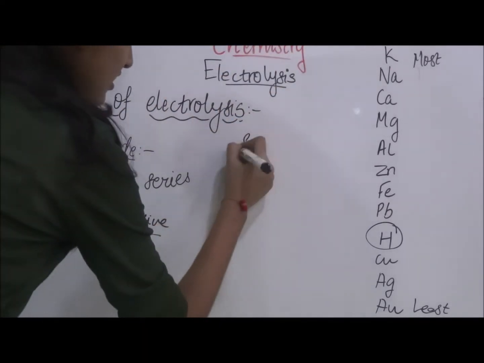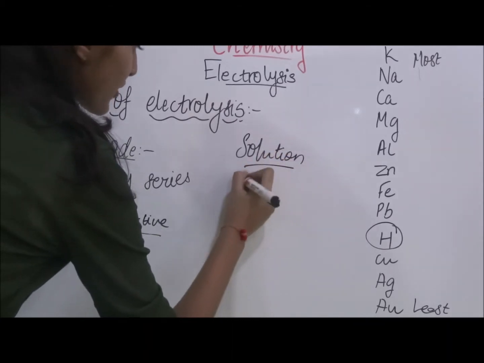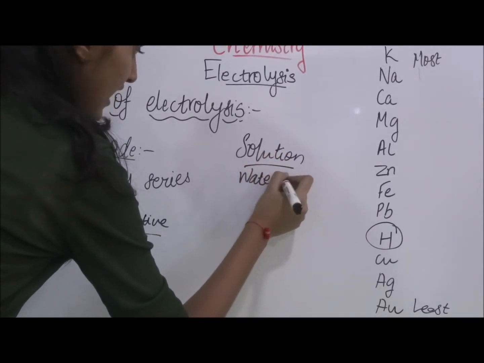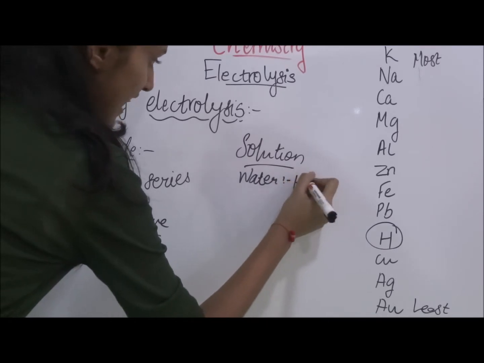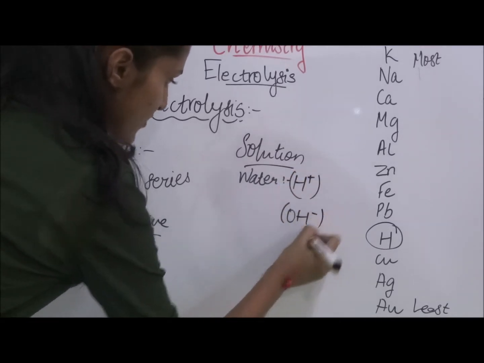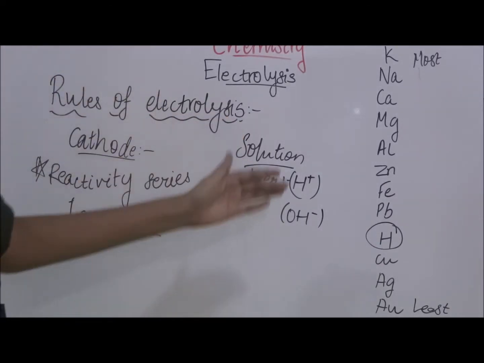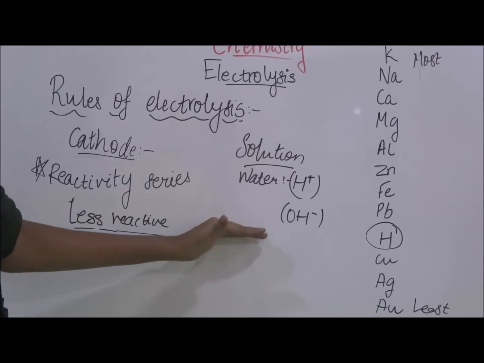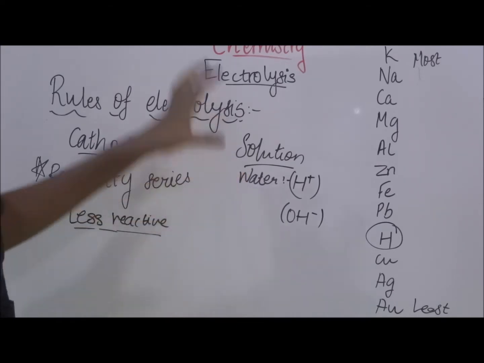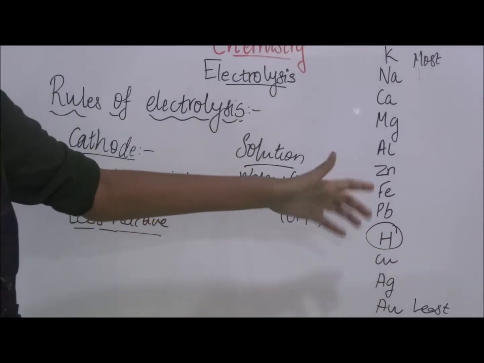In a solution, you usually have the ionic compound which is mixed with water. Now water contains two ions. One is H+, that is hydrogen, and the second is OH-, which is hydroxide. So in a solution with the ionic compound, H+ and OH- ions will also be present. So here you need to realize that the less reactive element will form.